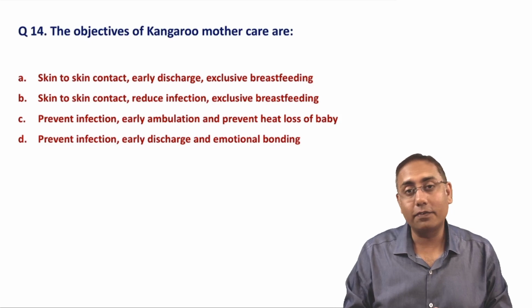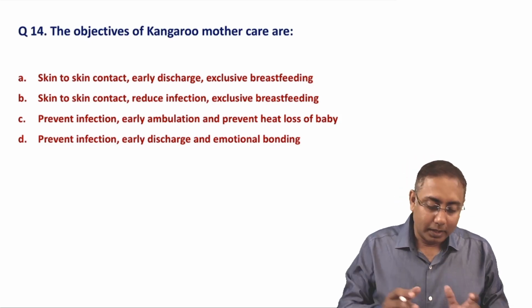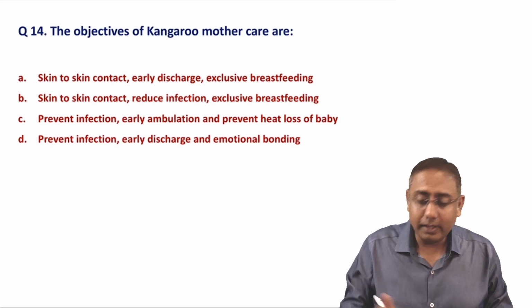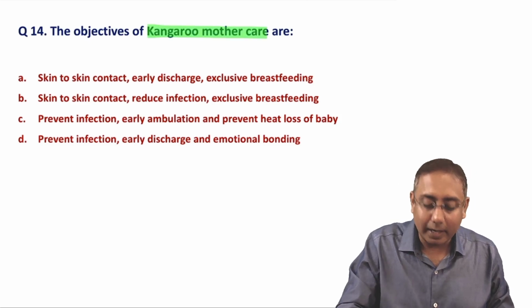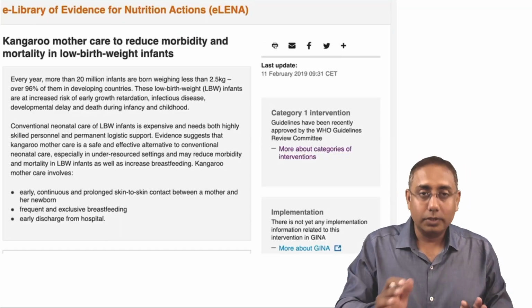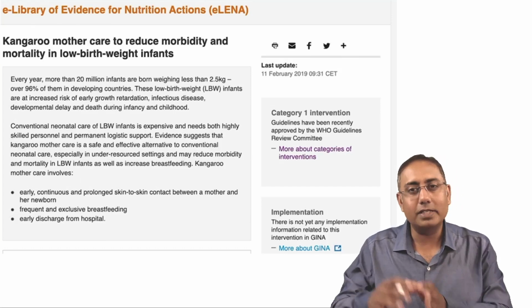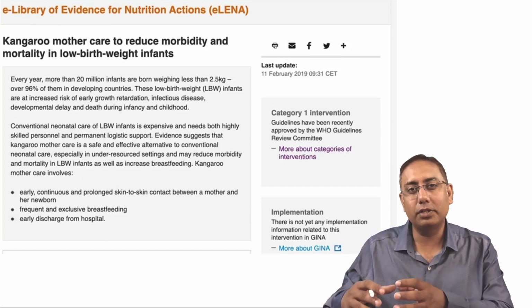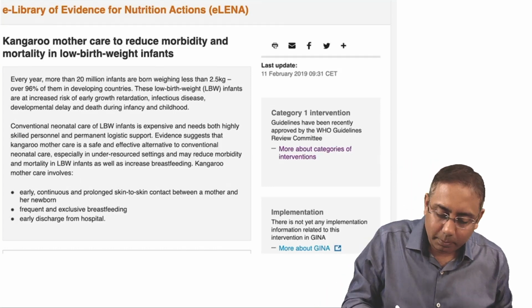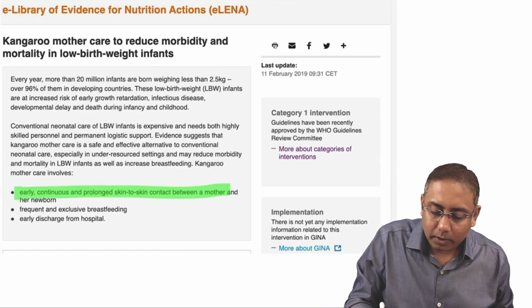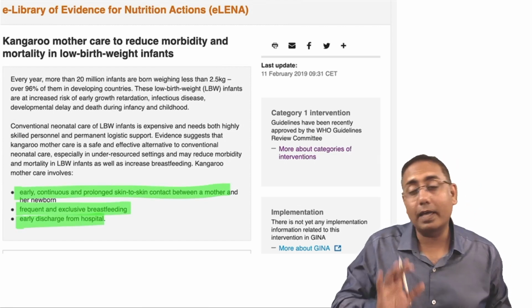Question number 14. The objectives of Kangaroo mother care are. This question has been taken directly from the Kangaroo mother care guidelines by the WHO. There is an updation of these guidelines, but those updations are just based on the operational guidelines. You have to remember the objectives of Kangaroo mother care.